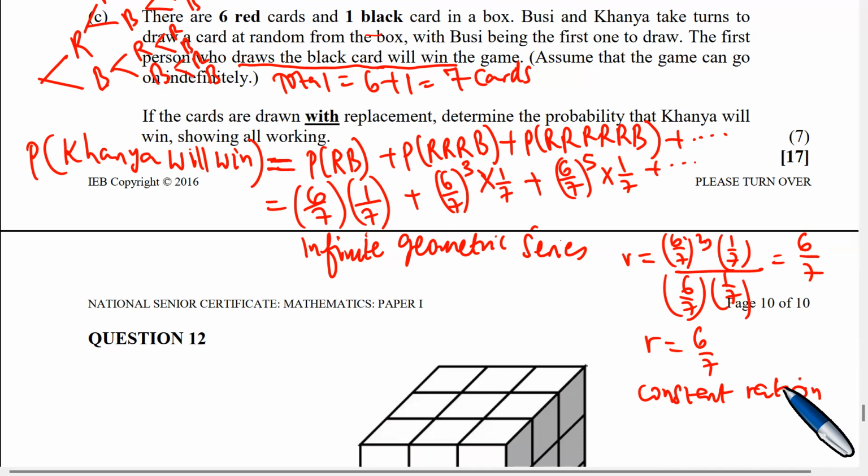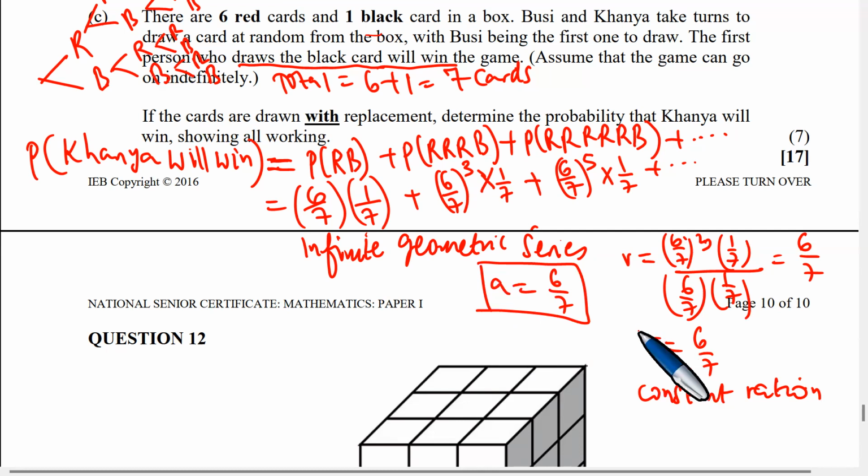The first term is 6 by 1, which is 6 out of 7. And then you have this.